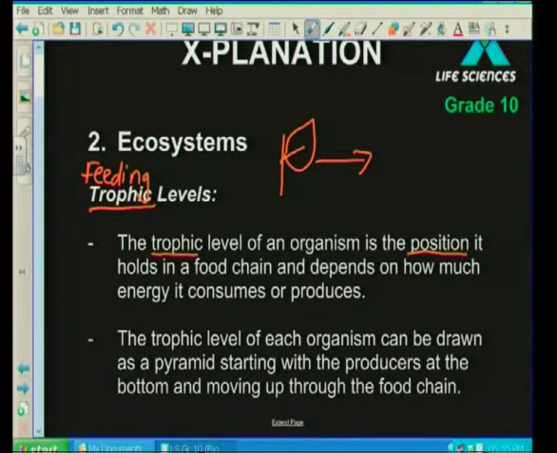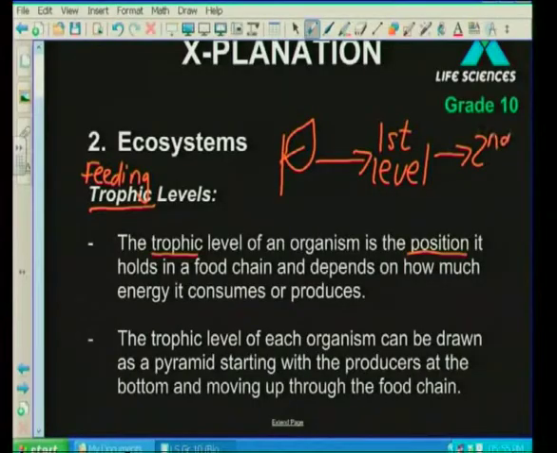Now we're going to talk later on about the herbivores, but the first consumer is the next level of feeding. And then we're going to move on to the second trophic level. So that's the position that it holds in a food chain.